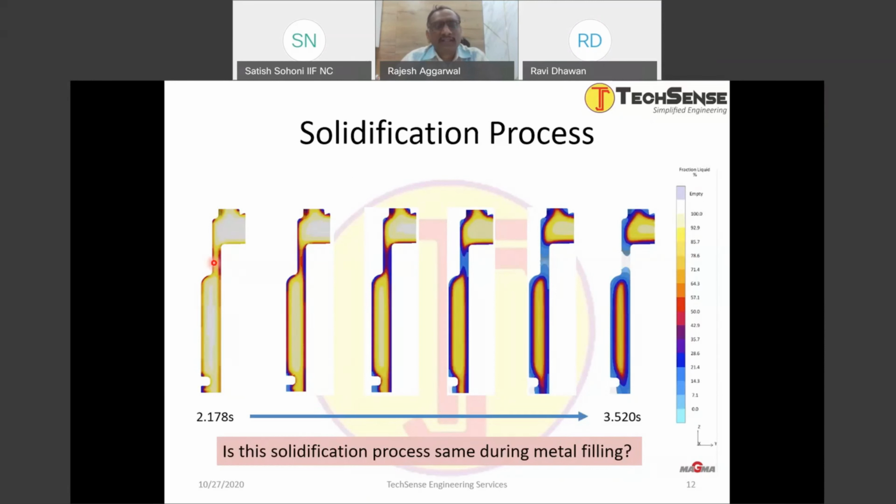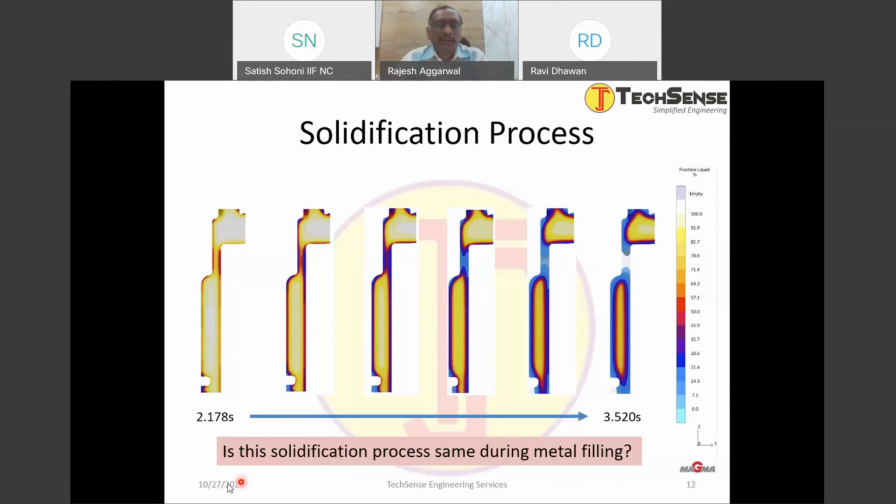So you can see we have varied thickness cross sections. The more thickness and the less thickness. The less thickness, the rate of heat transfer will be more, and it will solidify very, very fast, right? On the other hand, the thick casting, the rate of heat transfer is not so much. It is not fully solidified yet.